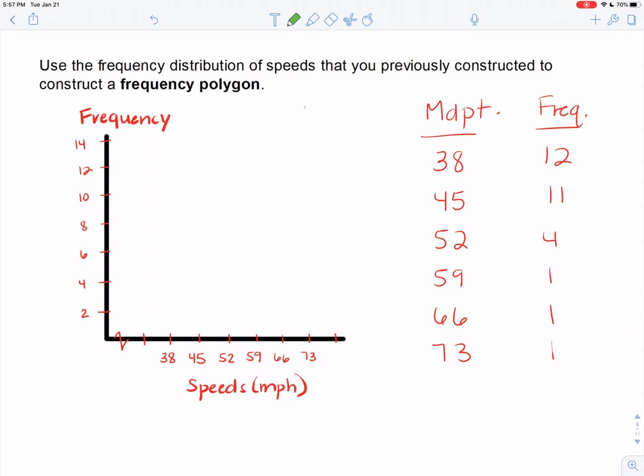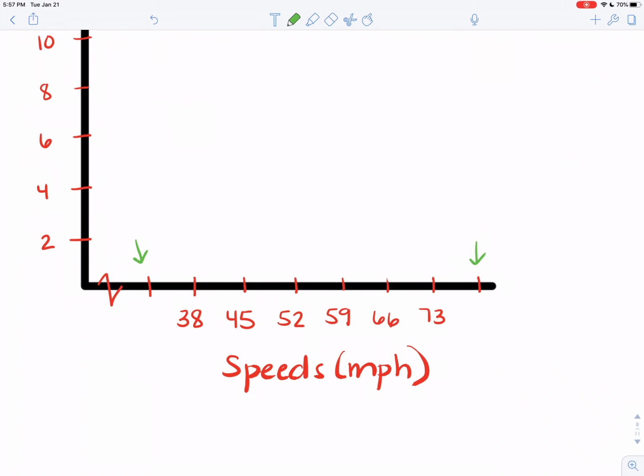You will notice though that I've included a couple of extra points on the horizontal axis, kind of an additional start and end, and this is simply because the frequency polygon must always start at frequency 0 and end at frequency 0. All right, that means I need to start with a point on the horizontal axis and end with a point on the horizontal axis.